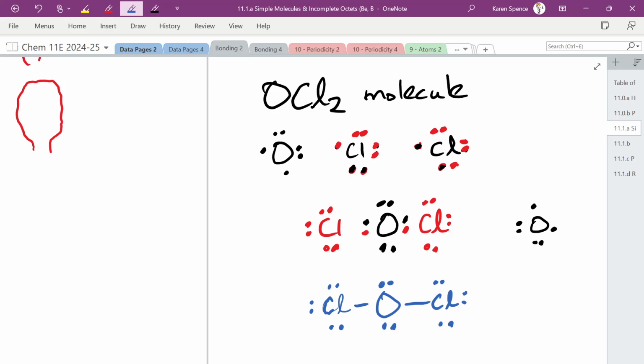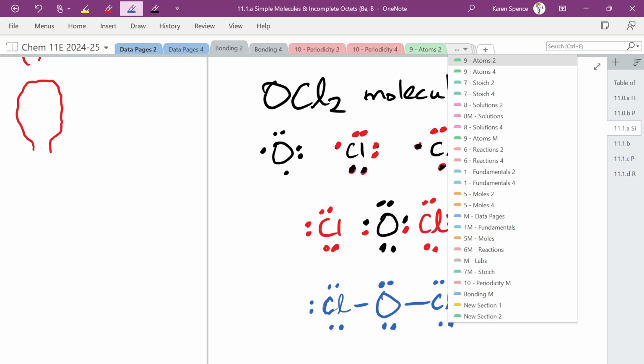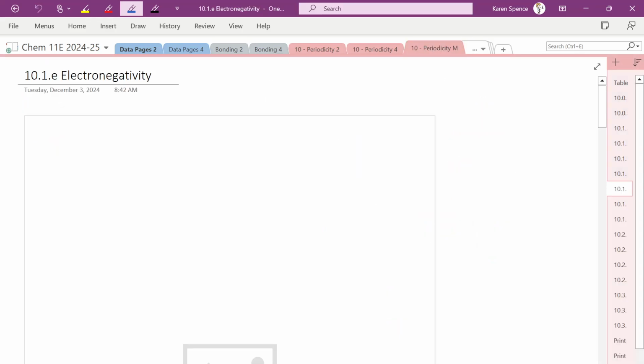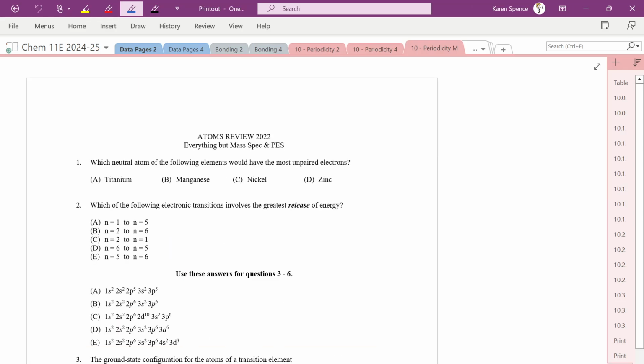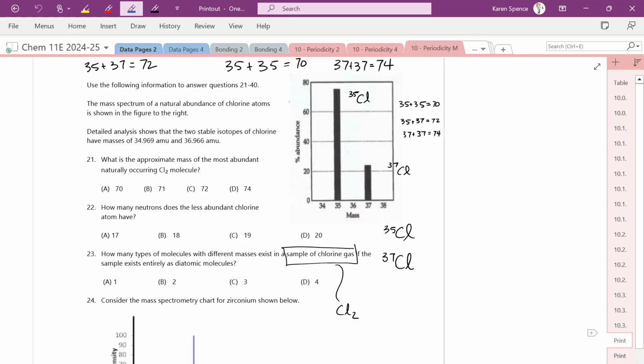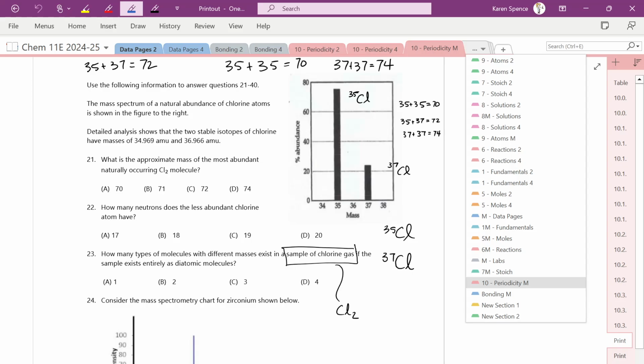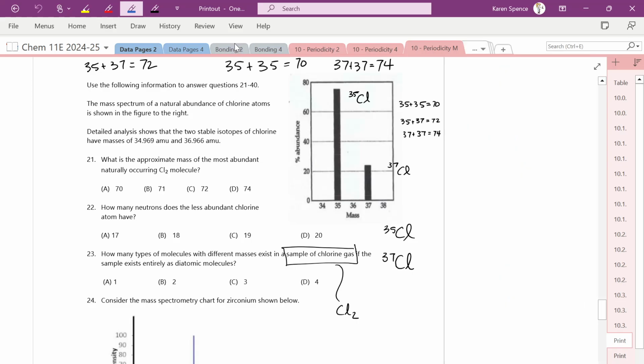Could you grab your molecular geometry sheet? Where did I put it? Oh no, I haven't got it. I'll have to print it out. That's irritating.